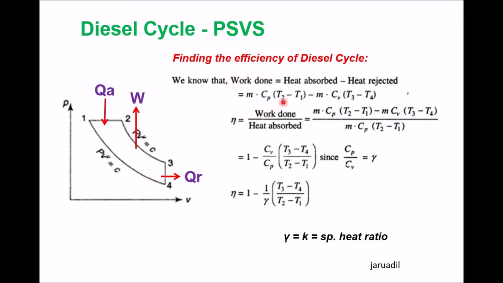You can also compute for the heat absorbed, mCp delta T, and the heat rejected, mCv delta T. So in this discussion, not only the efficiency was derived, but also the work, the QA, and the QR. So that's all for now. Thank you.